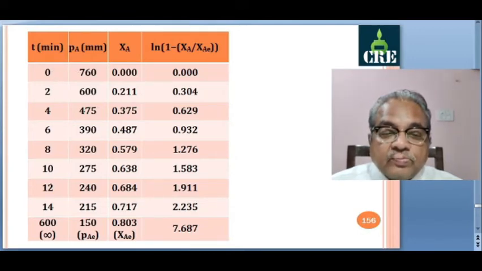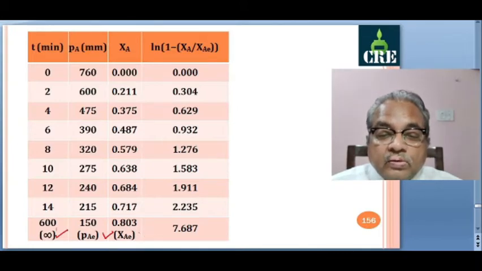As a function of time, you go on noting these readings, pressure will fall, and at time t tending to infinity, that will denote the equilibrium pressure PAE, and equilibrium conversion can be calculated.